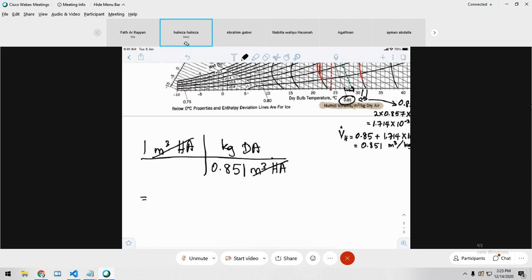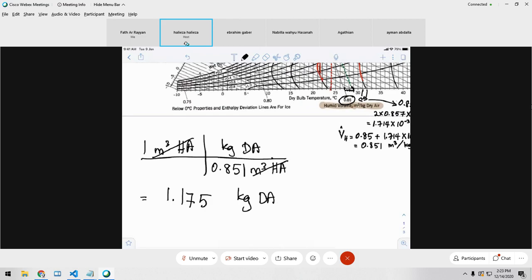So if you do the calculation, I'm going to do it here. 0.851 inverse gives 1.175. That's the kilogram of dry air coming in.